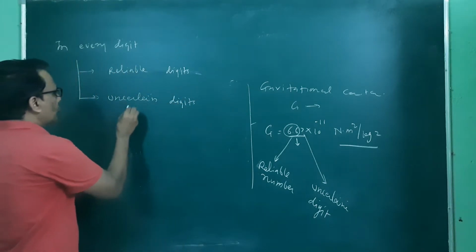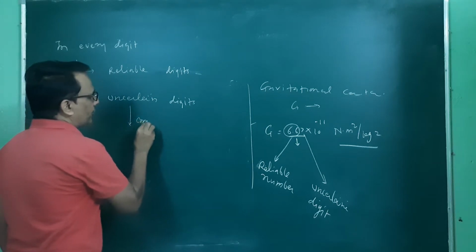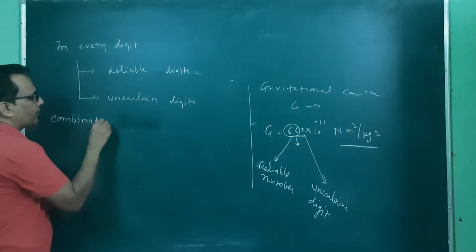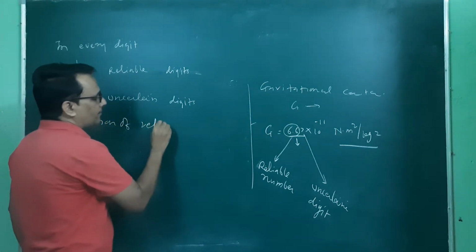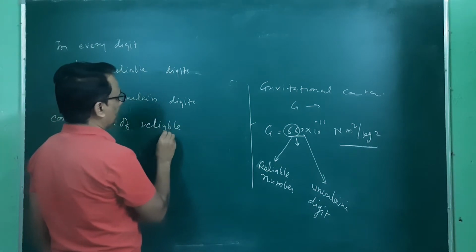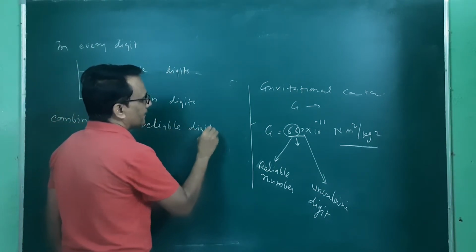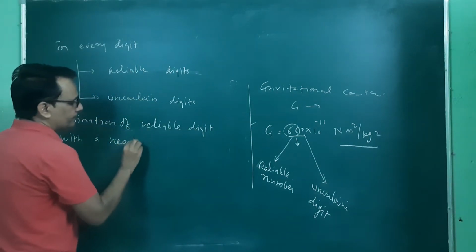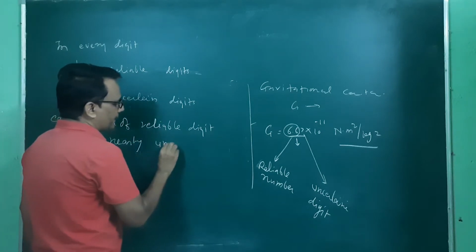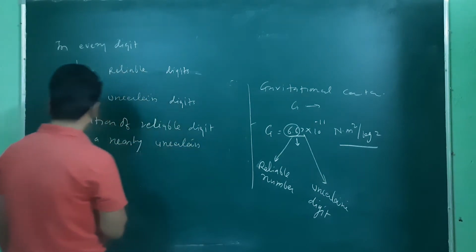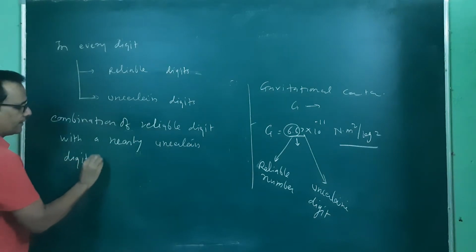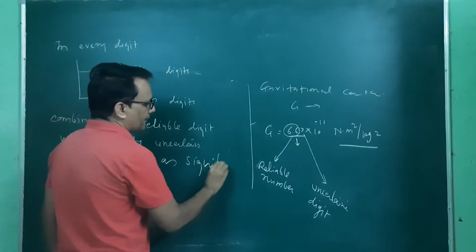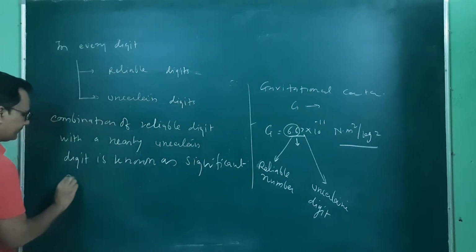And the combination of the reliable digits with one nearby uncertain digit is known as a significant number.